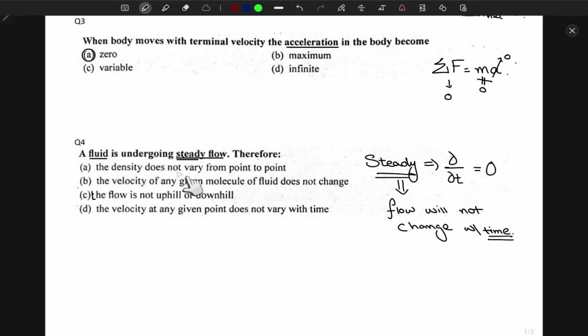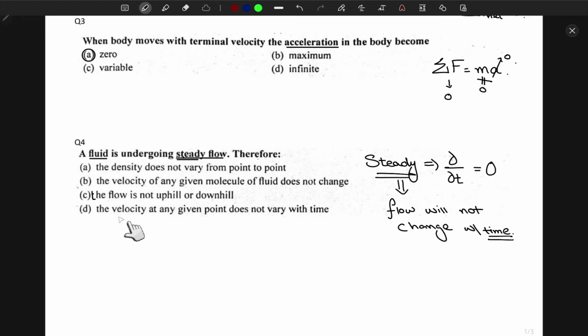So for all the options, we don't have any direct link with time. So density doesn't care about steady flow or unsteady flow. Similarly, the velocity of any given molecule of the fluid does not change. So that's also not directly linked with time rate of change, right?